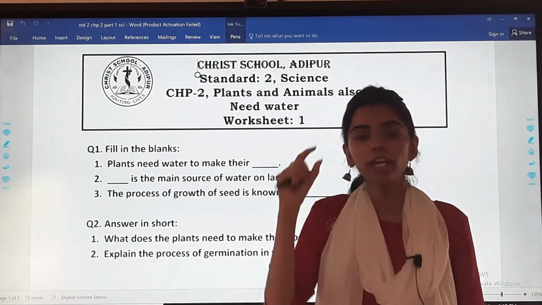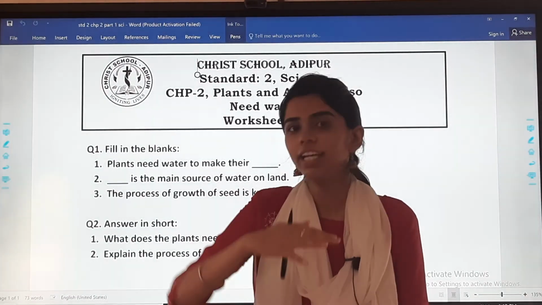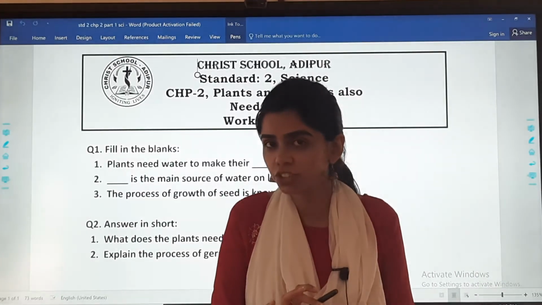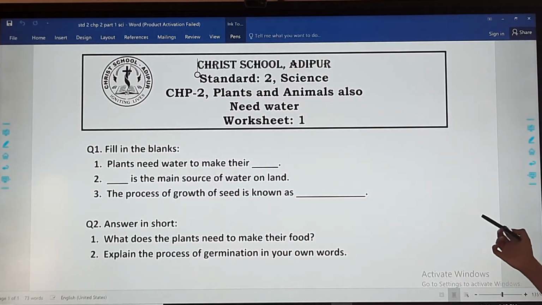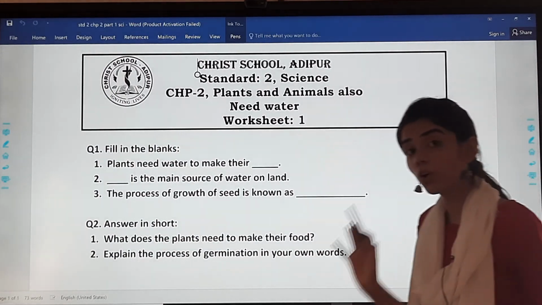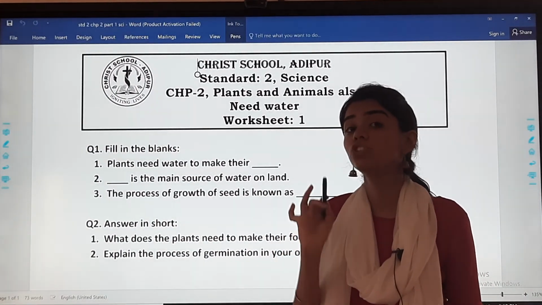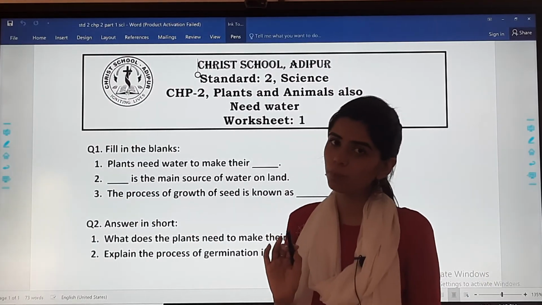Slowly and gradually, the one pot which got water regularly, it started growing up. So this proved that water is essential and this process is known as what? Germination. So the growth of seeds which we saw in the pot, that is the germination of seeds. So you can write it in your own words.